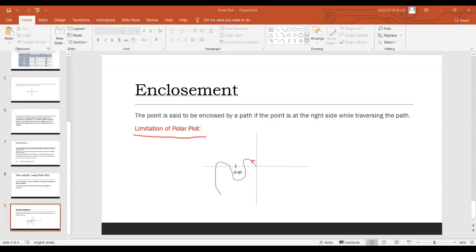And on this particular slide, we saw the limitation where, for some portion of the polar plot, we can say that the point is enclosed, and for some other part, we can say the point is not enclosed. So it is very difficult or not possible to comment on the stability of the system, and that is why we do not use polar plots for commenting on stability.